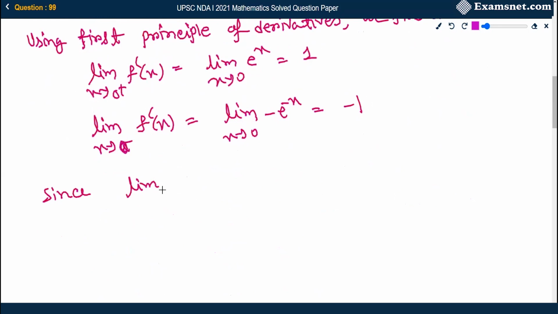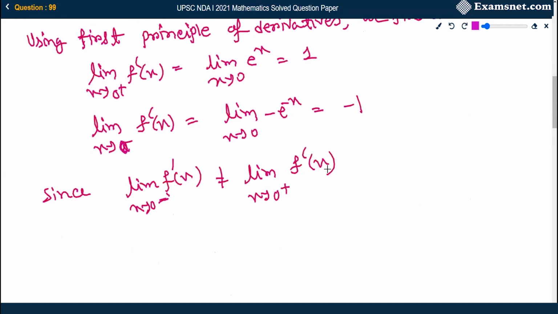Since we can see that the right hand limit and left hand limit are not equal, limit x tends to 0 minus f dash x not equal to limit x tends to 0 plus f dash x.